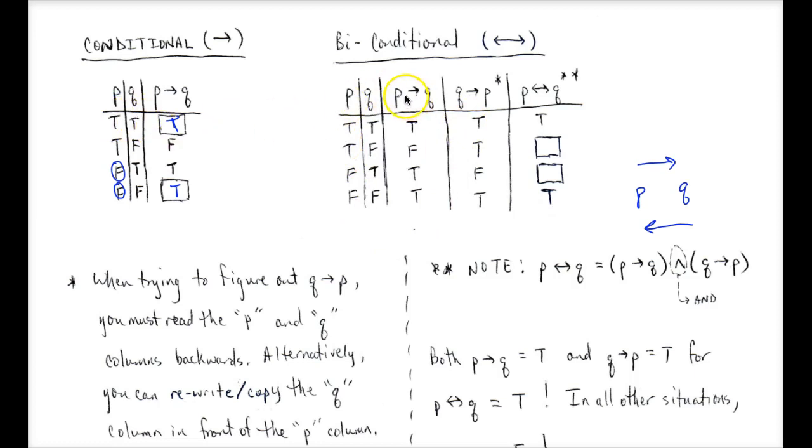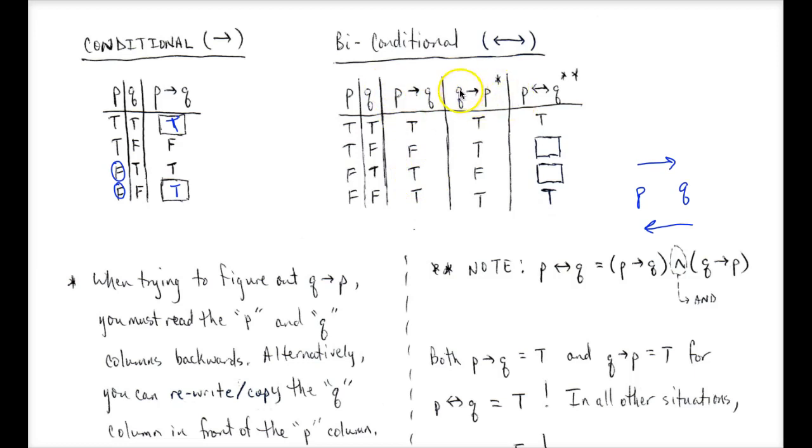And so to get the if P then Q, the conditional statement here, we just copy exactly what we see here, because we know when we have true, true, that's true. When we have true, false, that's false. When we have false, true, or false, false for the conditional statement, we know that we still end up having true for the entire conditional statement.